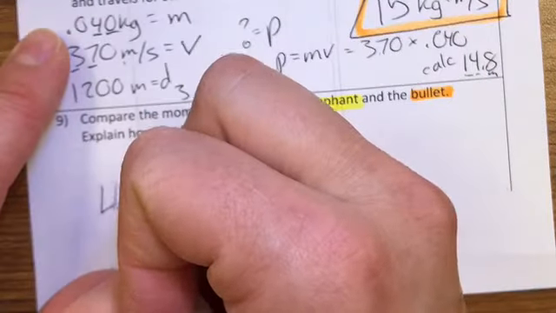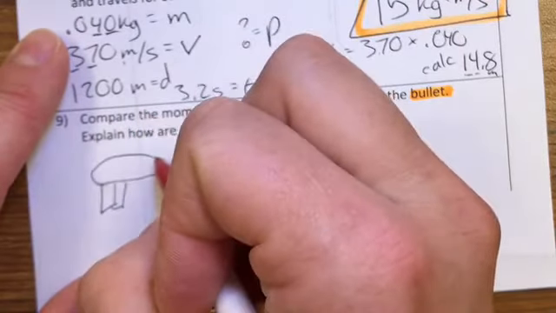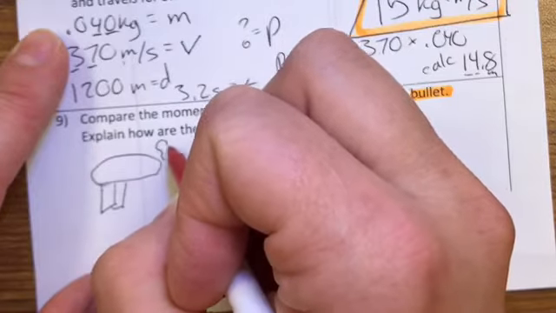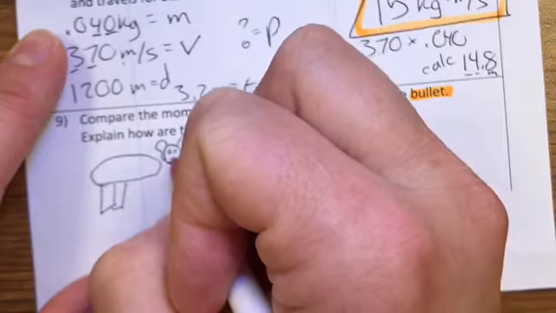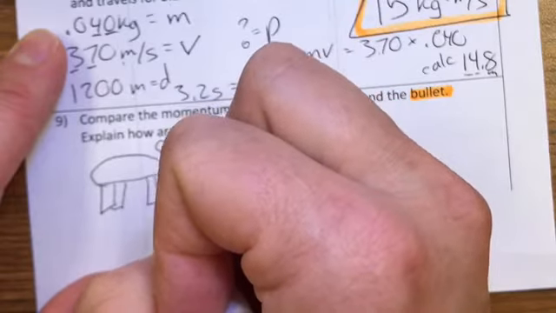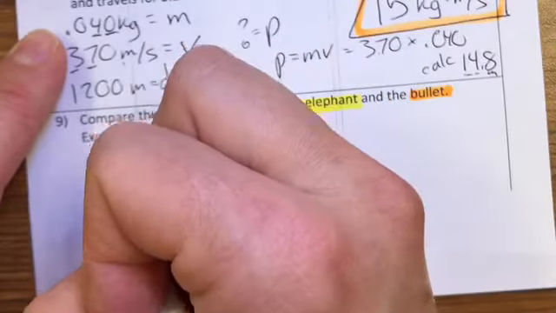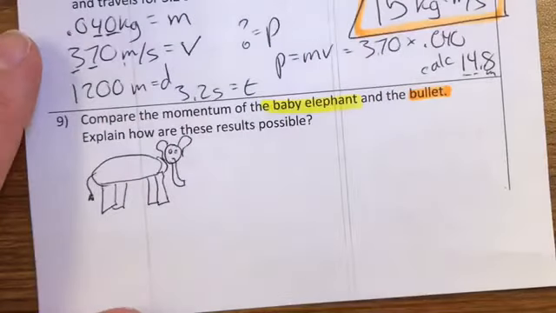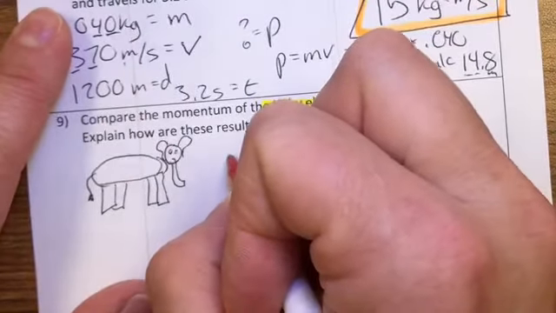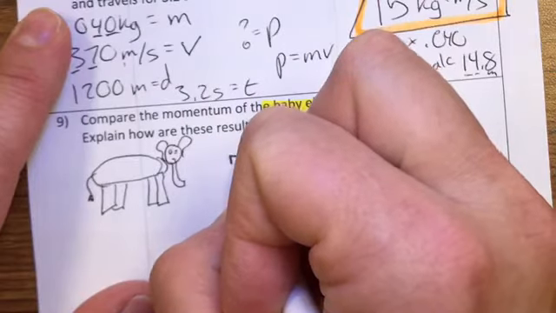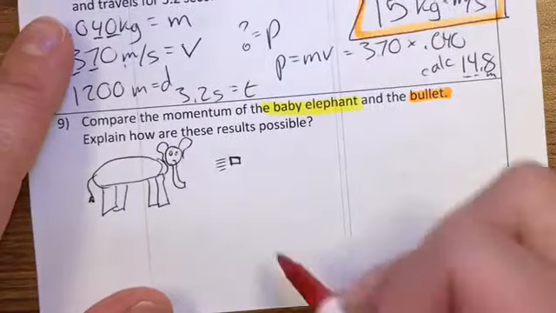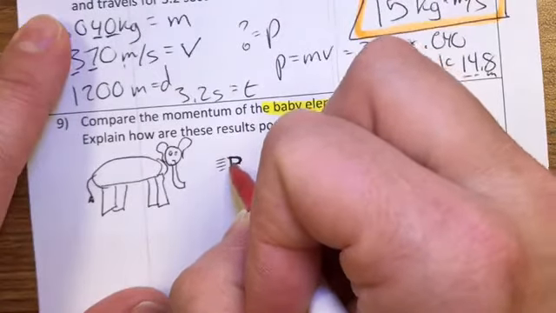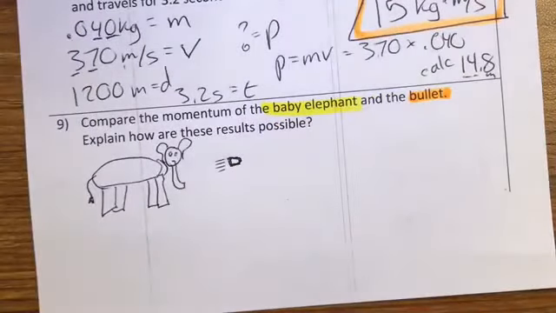Baby elephant. Okay, so no, I'm not the best artist, but baby elephant versus bullet. Explain how these results are possible.